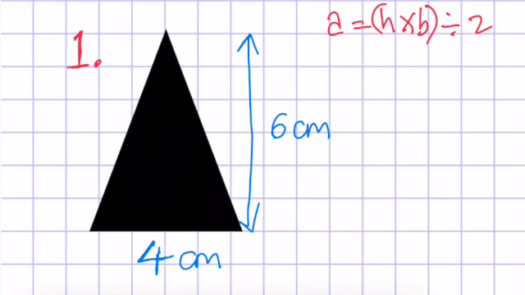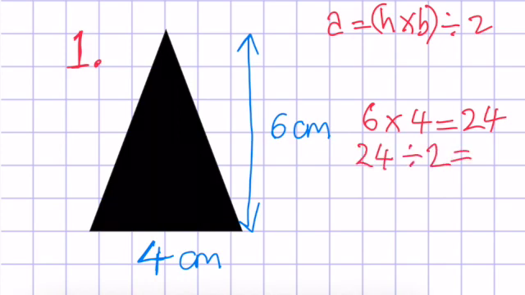Hit pause. Okay. 6 times 4 equals 24. 24 divided by 2. Now I know this, I know that half of 24 is 12. You may have to do the bus stop method or mentally calculate that. So it's 12. So the area equals 12 square centimetres, because it's talking about area covered.